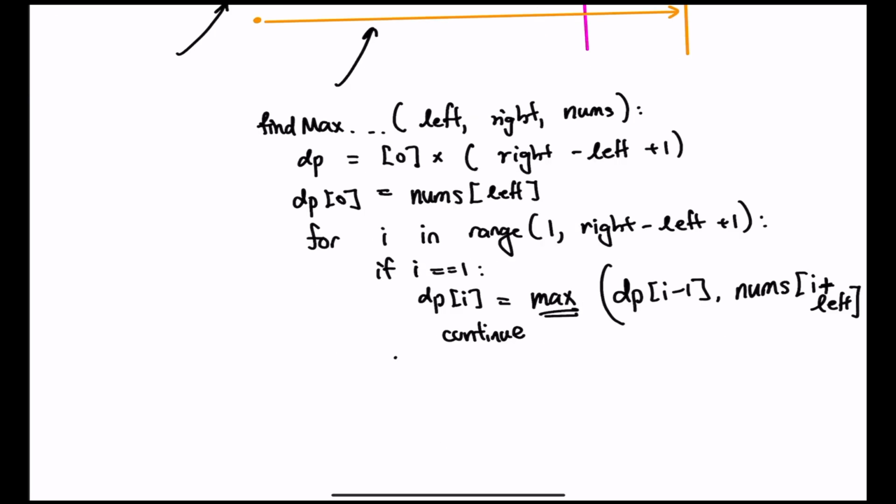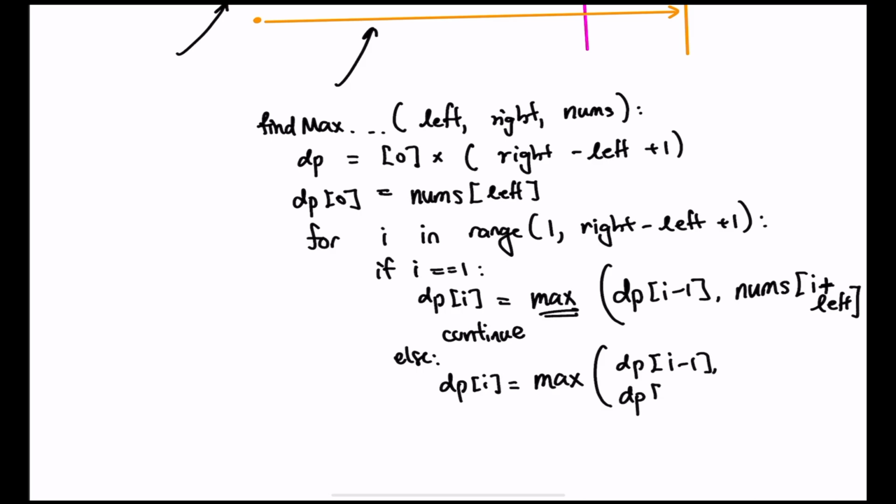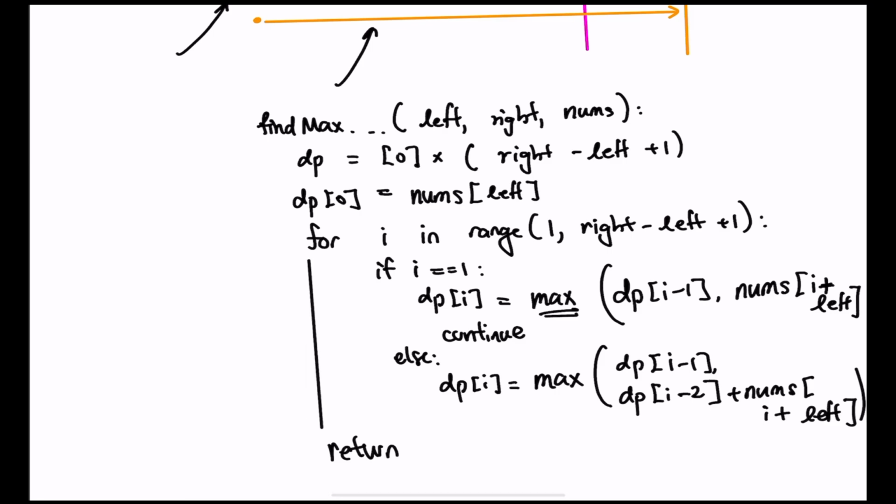Else, otherwise, we have dp of I is equal to take the maximum, and exactly the same code, dp of I minus 1, dp of I minus 2 plus nums of I plus left, and then we return the last position here. So we return dp of minus 1.